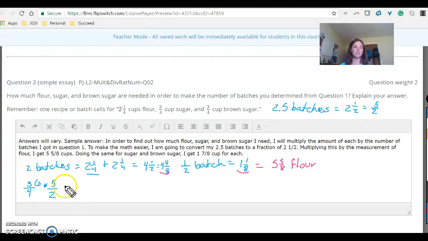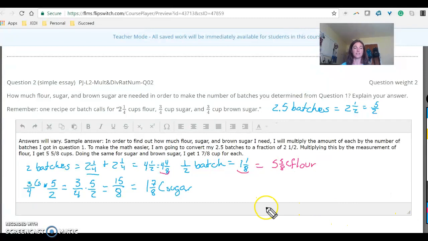Let's rewrite it, get the units out of there, and just use the numbers. When you're multiplying fractions, you can multiply straight across. So 3 times 5 is 15, and 4 times 2 is 8. That gives me 15/8, or 1 7/8 cup of sugar. And this over here was cups of flour, by the way.